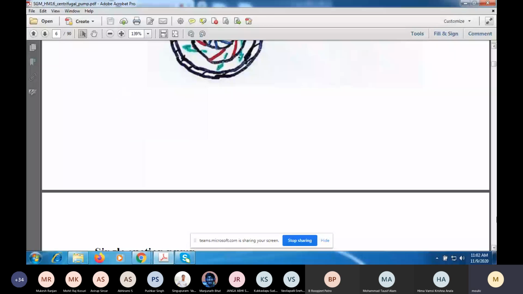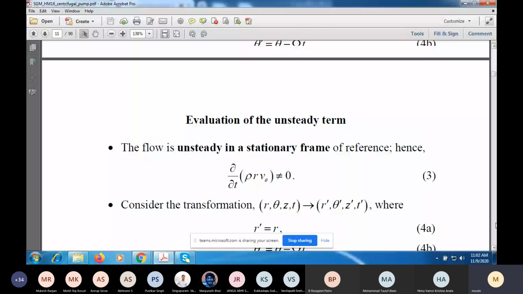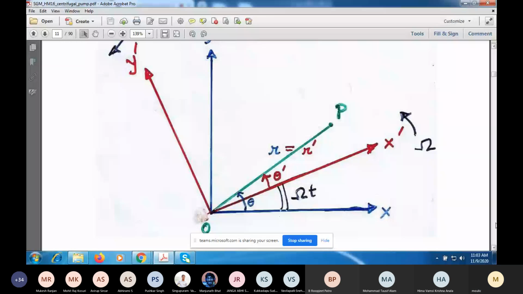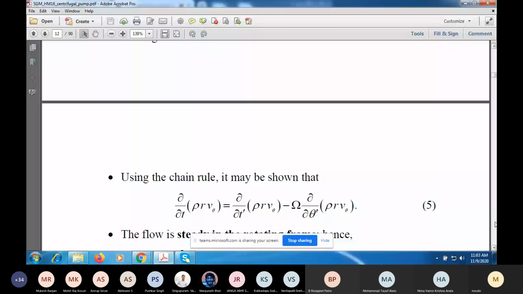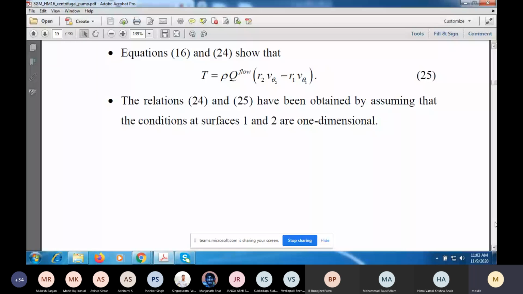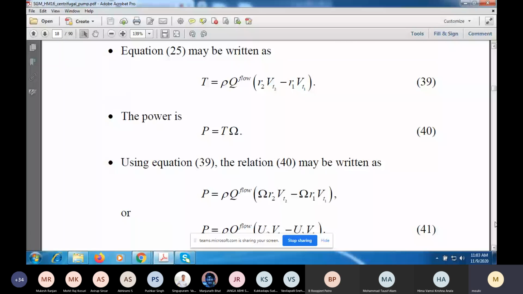All right, so we were doing our analysis in a frame of reference which is rotating with the angular velocity of the impeller. And as we argued last time, the flow is steady in this frame. So we showed that the torque is the mass flow rate times the difference of r v theta at the outlet of the impeller minus r v theta at the inlet of the impeller region.